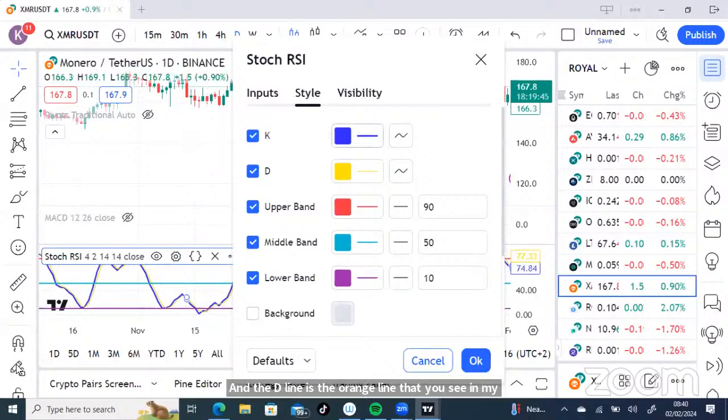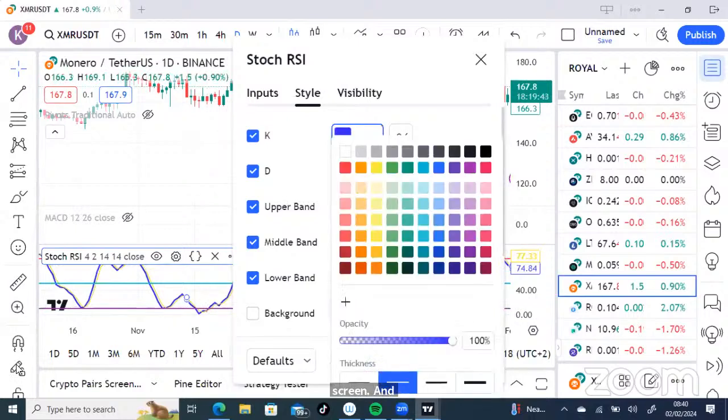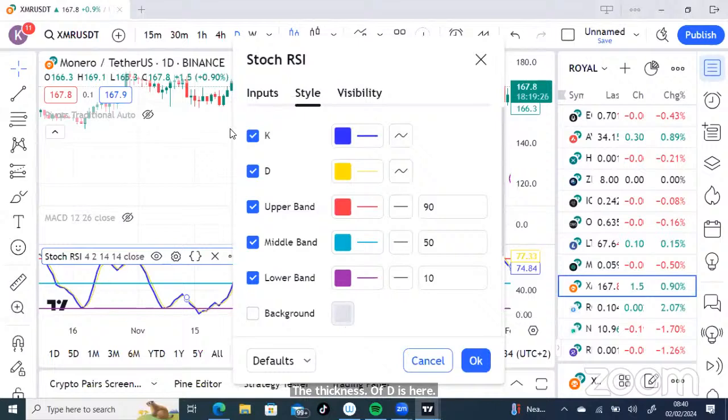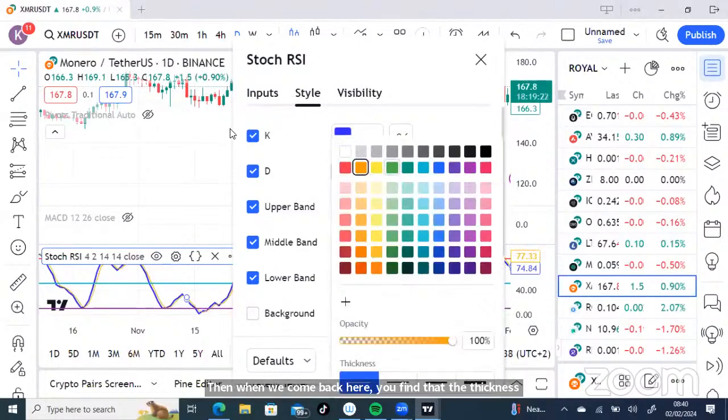And so when we tap on the color here, we want to make sure about the thickness. So this is blue, the thickness of K is here. Then when we come back here, let me turn it to orange, the thickness of D is this one.